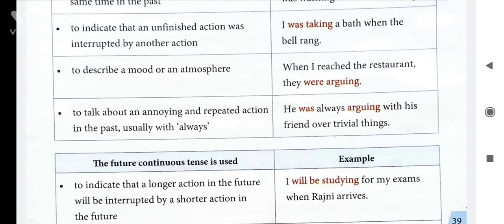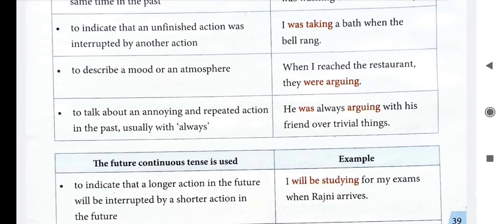Now the next point is that the past continuous tense is used to describe a mood or an atmosphere. So now we are talking about the atmosphere, the mood. For example, when I reached the restaurant, they were arguing.